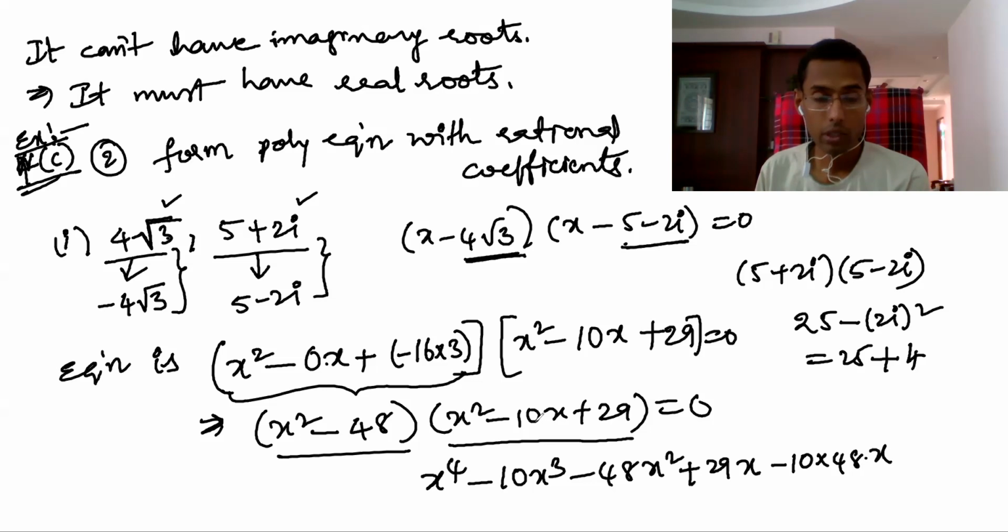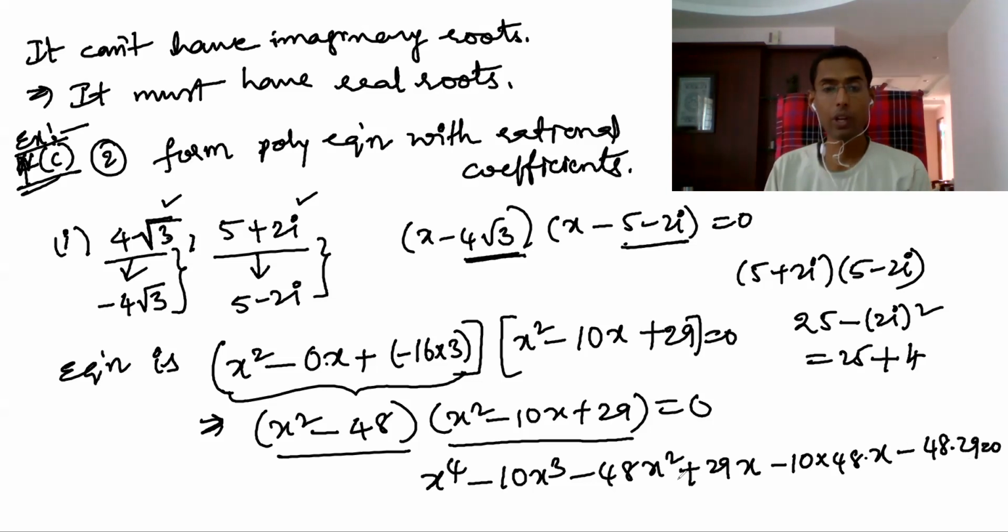This is one term. And the last constant term is 48 into 29, equal to 0.